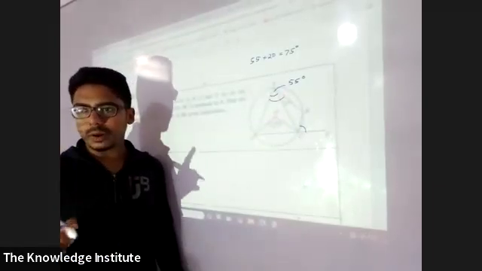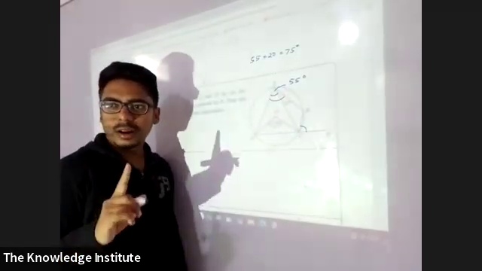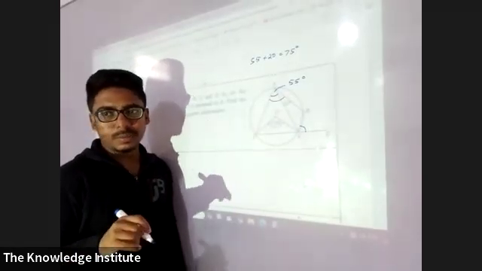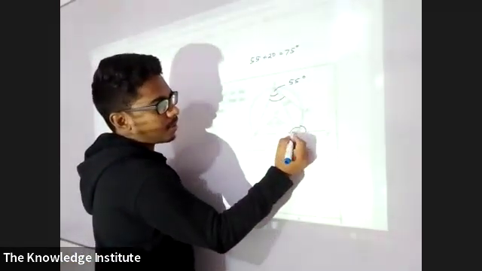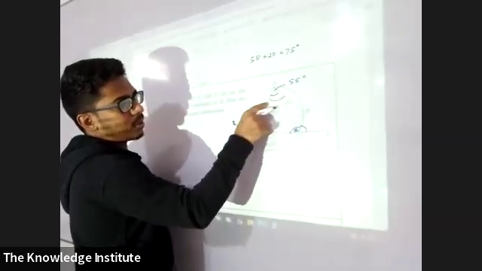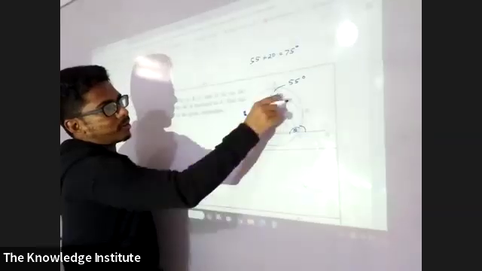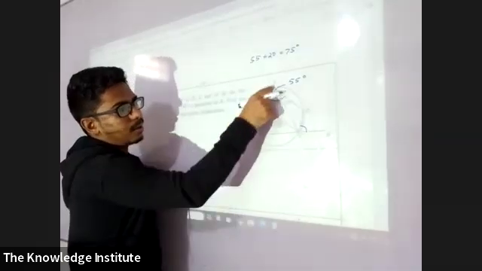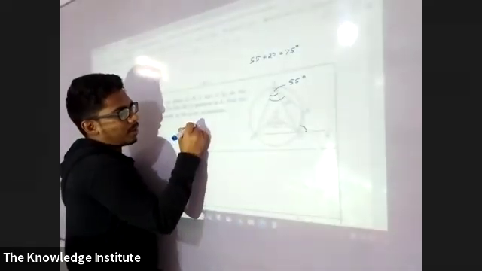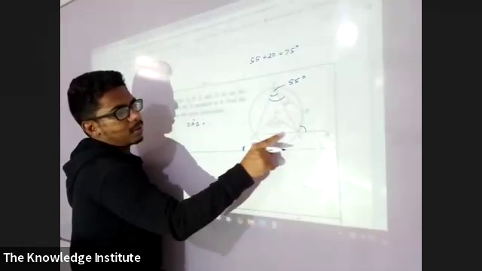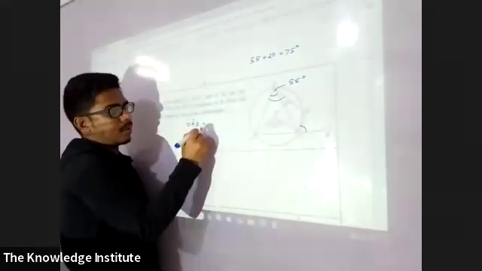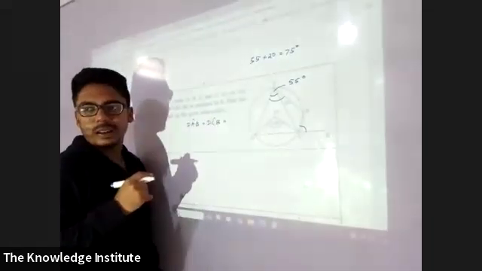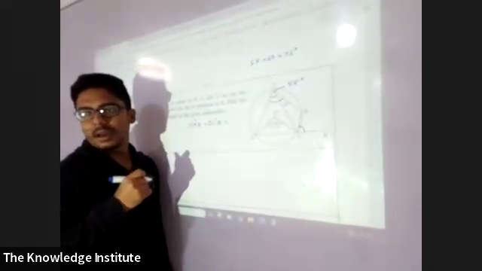And we know that in a cyclic quadrilateral, opposite angles are supplementary. So if I take this angle, DAB, plus this angle, DCB, the sum of these two angles is 180.